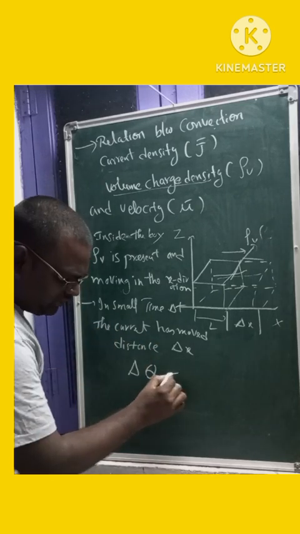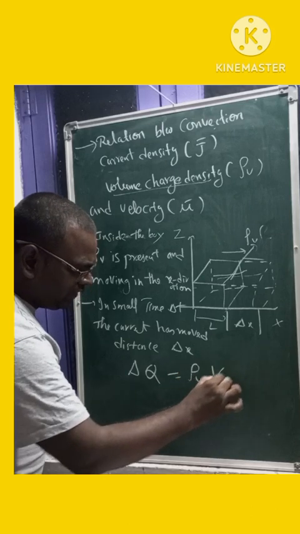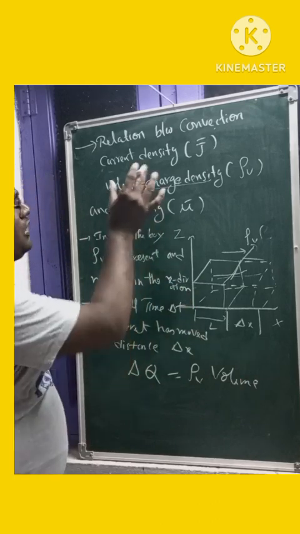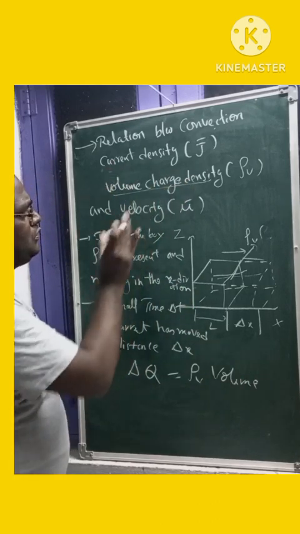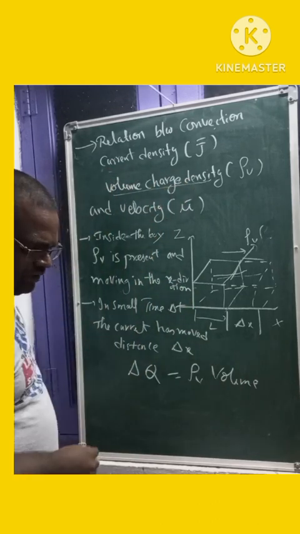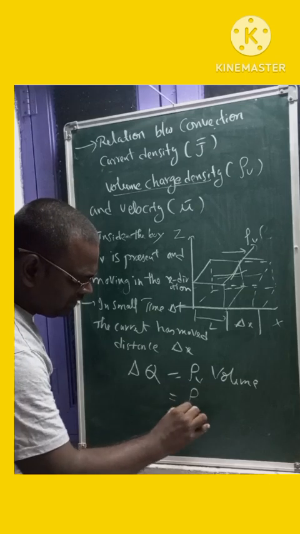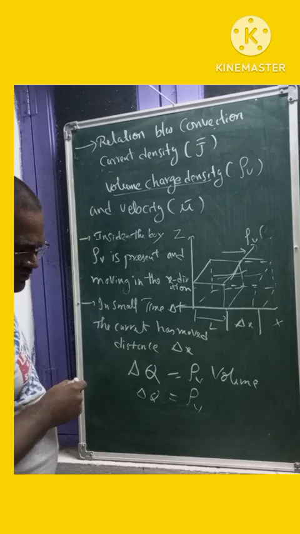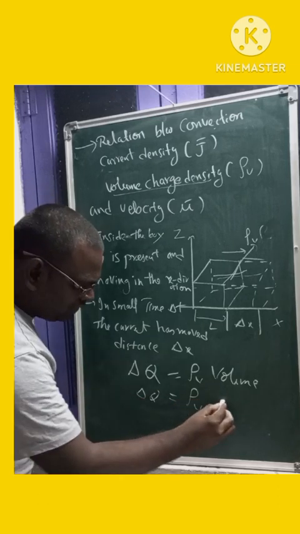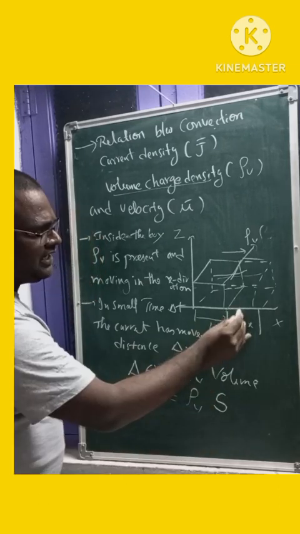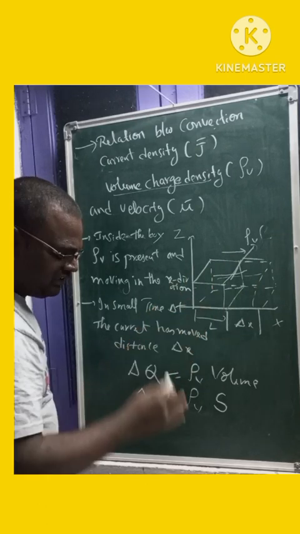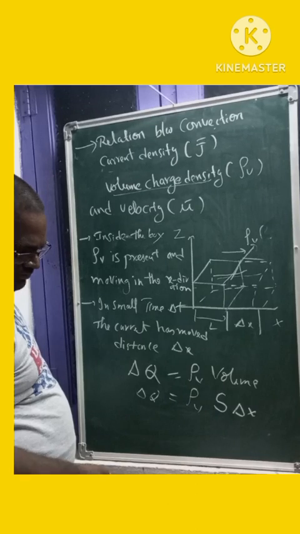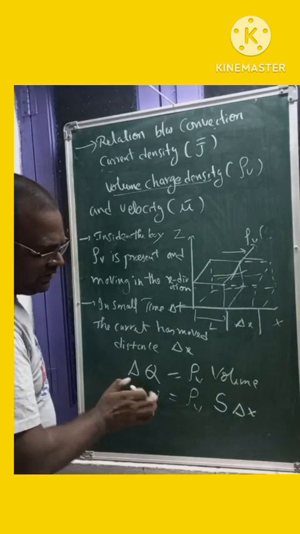So del q is equal to rho v into volume. The volume is the surface s times the distance del x, so del q equals rho v into s into del x.